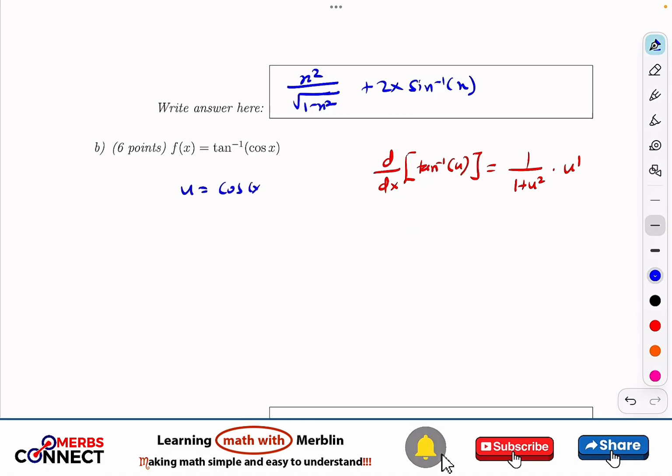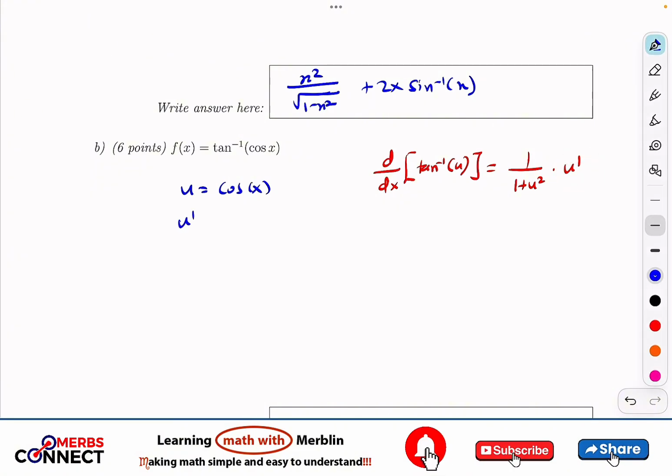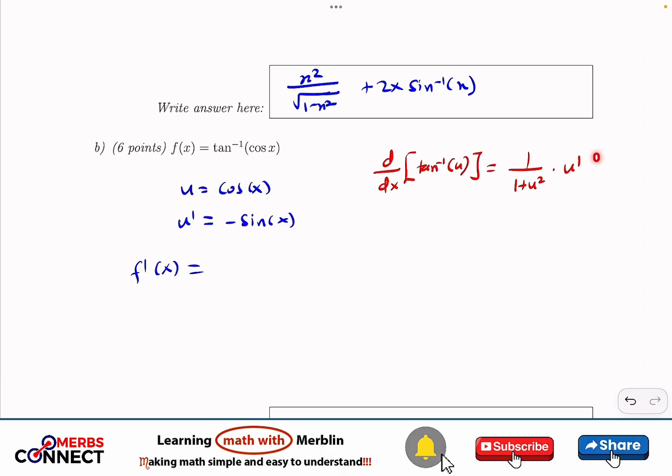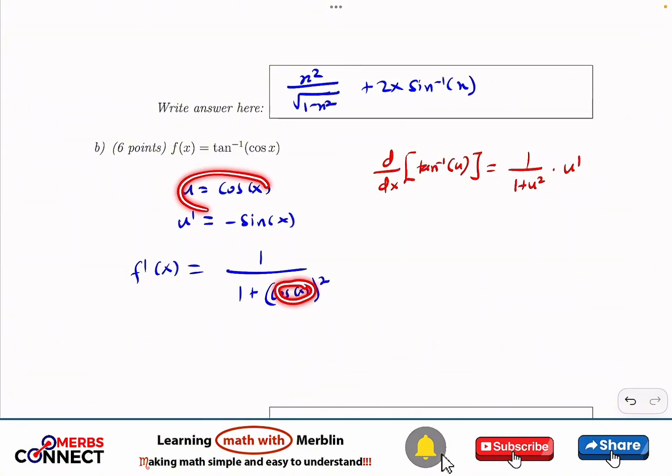cos of x. I need u prime. So what is u prime? This is minus sine of x. So now what is f prime of x? I'm going to use this, because when I differentiate tan inverse, this is what I have: 1 divided by 1 plus cos of x all squared, which is my u squared, times u prime.